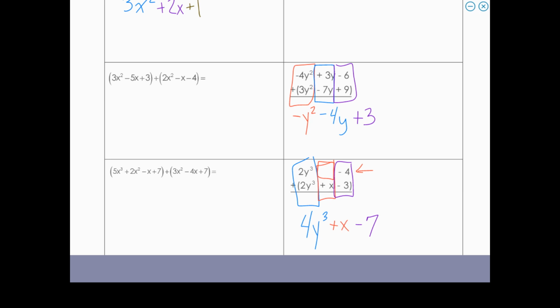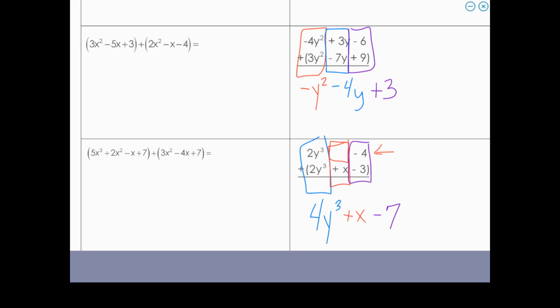Just like that. If I have something that is written horizontally and I want to write it vertically, then all you have to do is line things up. So rewrite 5x cubed plus 2x squared minus x plus 7.